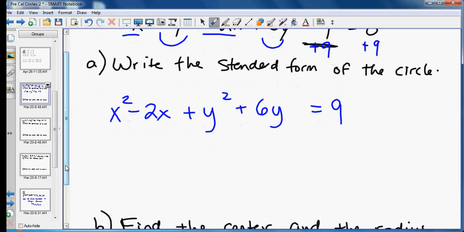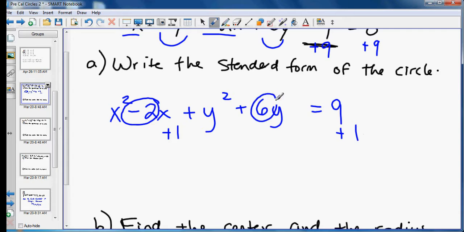So first we'll complete the square with the x's. Remember, we half the middle and square it. So we take the number in front of the x, in this case, the -2, we cut it in half, that's -1. And then we square it, that's +1, so we're going to add 1 to both sides. And then we'll do the same with the y's.